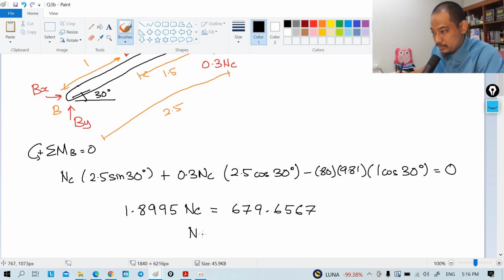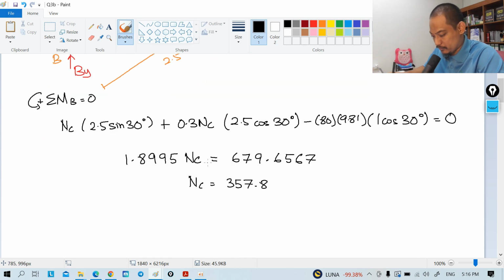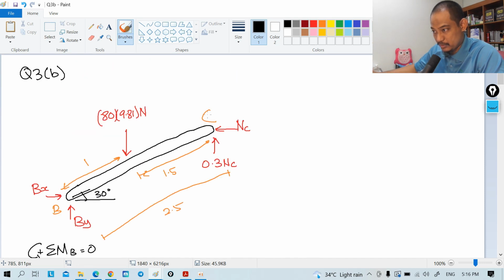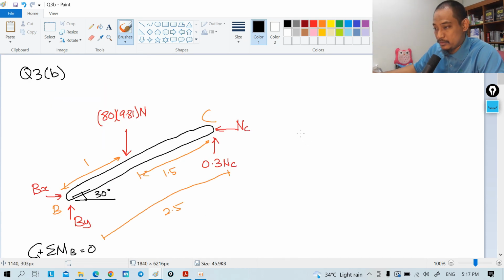So NC equals 357.8 Newton. Is this one of the things that we need to calculate? Yes, right?